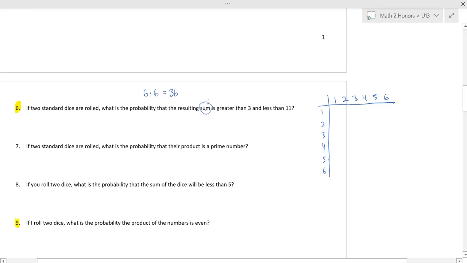If I was looking for a difference, I'd subtract. If I was looking for a product, I can multiply, those kinds of things. Here I'm looking for a sum, so 1 plus 1 is 2, 1 plus 2 is 3, and just fill this out.